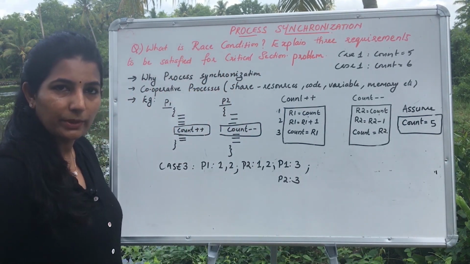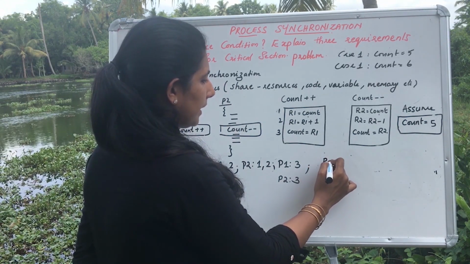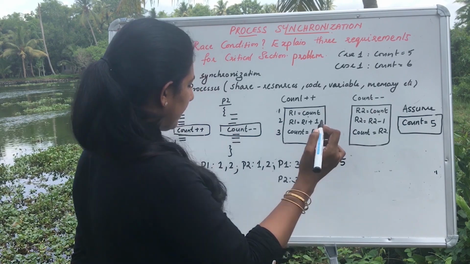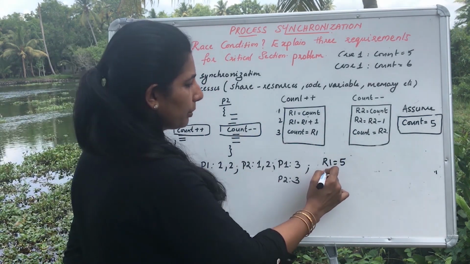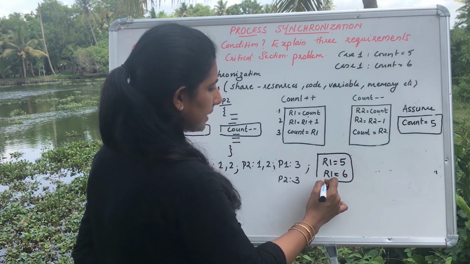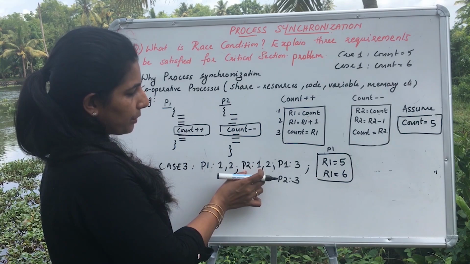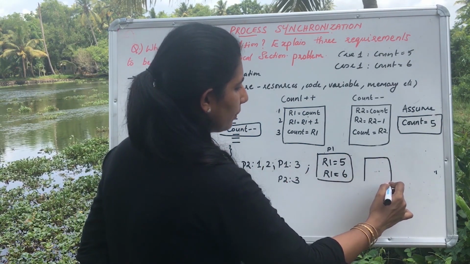Okay. Now let's see what happens in this particular case. Now R1 is equal to count, that is nothing but 5, line number 1. Line number 2, R1 is getting incremented, so R1 becomes 6. This is the first part with P1. Then context switch to P2. So P2 happens over here.